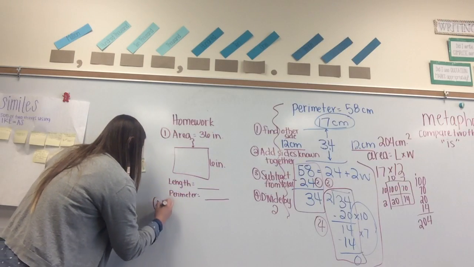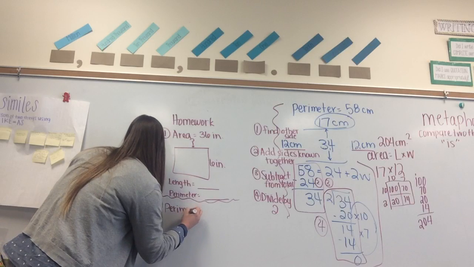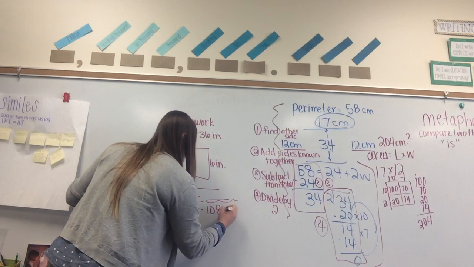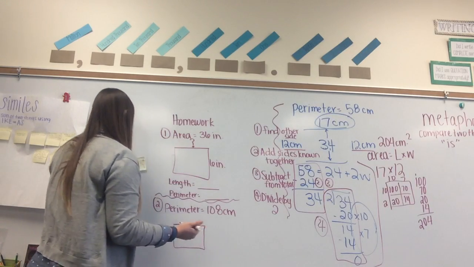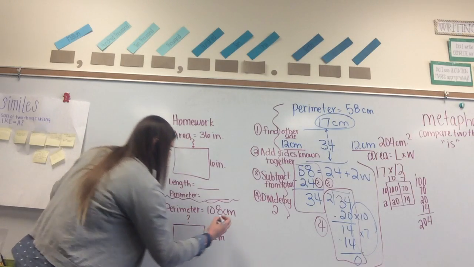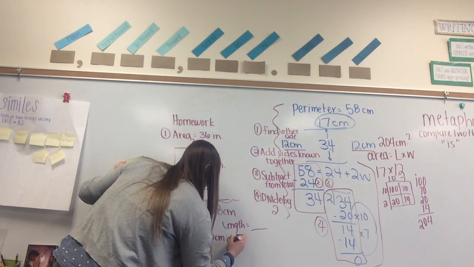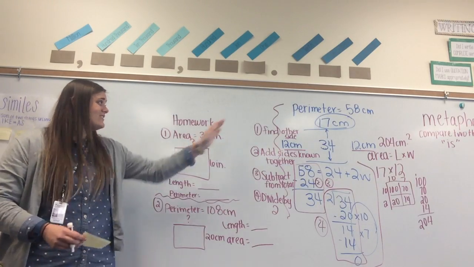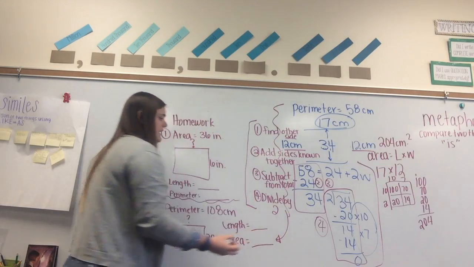Your second problem, if the perimeter is 108 centimeters, and your figure looks like this, and this side is 20 centimeters, what is the length of that side and what is the area? Remember, follow the steps. If you need help, remember these 4 steps here to help you with the second problem.